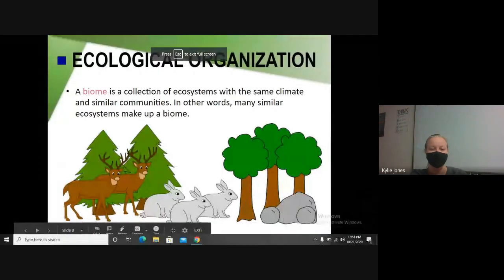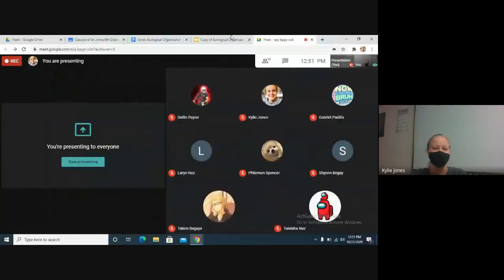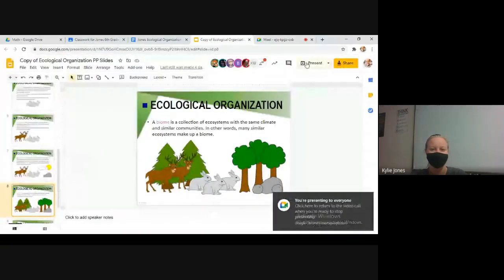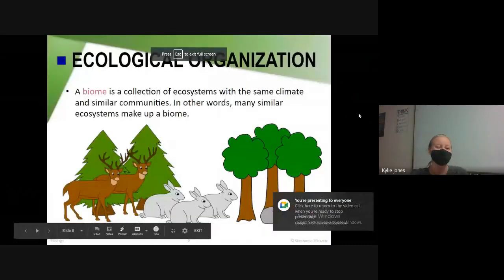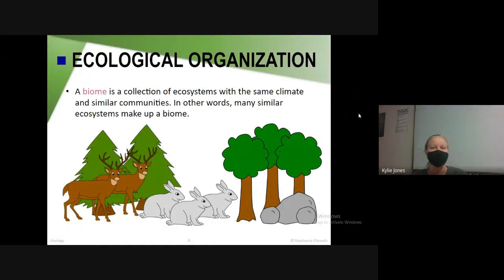So anyway, a biome is a collection of ecosystems with the same climate and similar communities. So basically, let's say Phoenix. Phoenix is basically a really big desert, right? There's different sections of Phoenix that we consider different ecosystems.